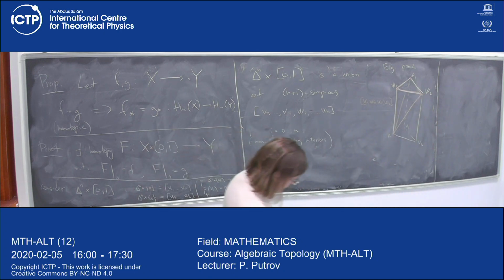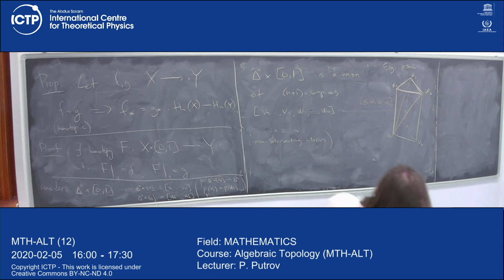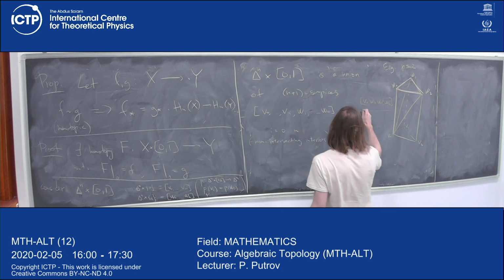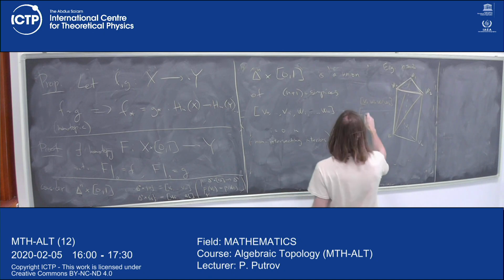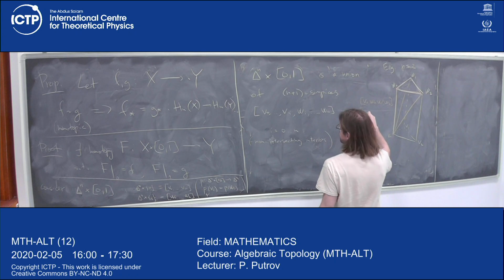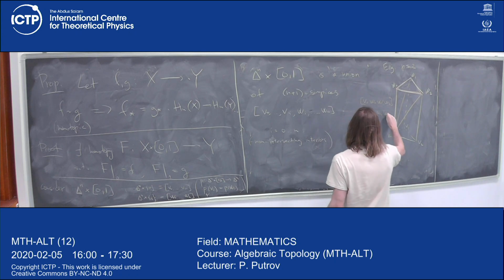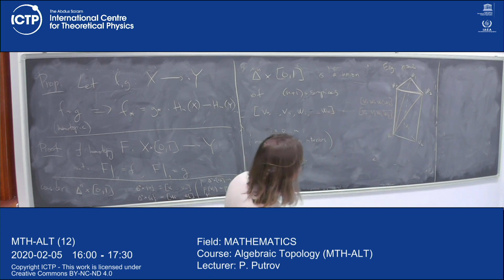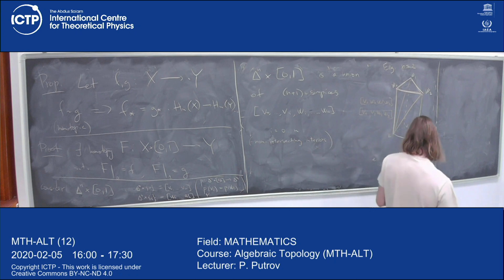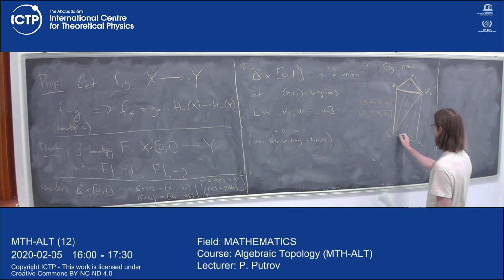So the second one will be V0, V1, and then W1, W2. So this will look like this.